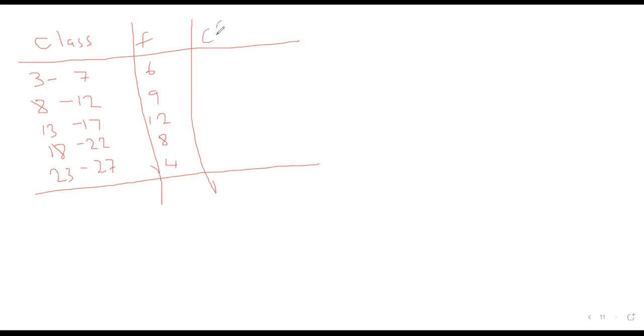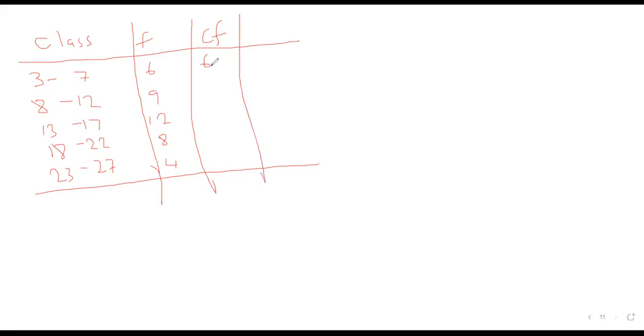So we need to come up with the cumulative frequency. How do we start the cumulative frequency? We start with the figure that has been given, then we keep adding on.